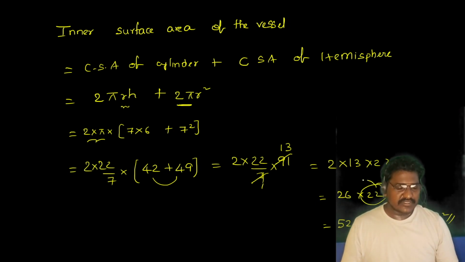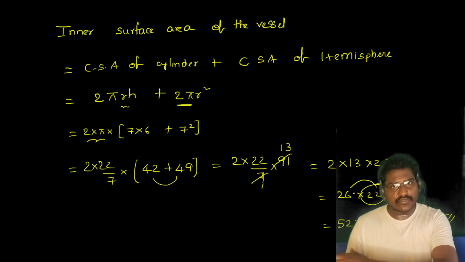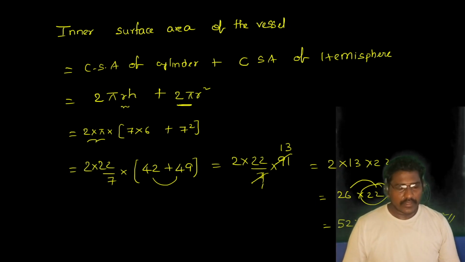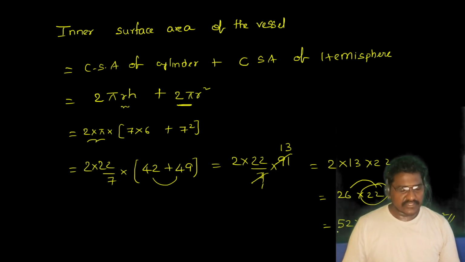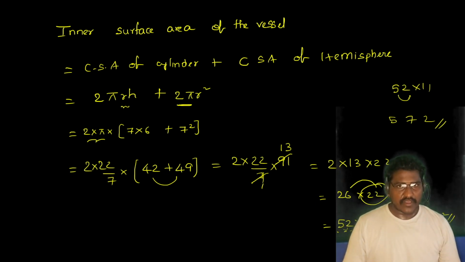Instead, I will transfer this 2 to this side. 26 2s are 52. 52 11s are 572. Multiplying with 11 is very easy. Just add the first number and last number in the middle: 5 + 2 is 7, so 52 into 11 gives 572. That's it. So this will be our total surface area of the solid.